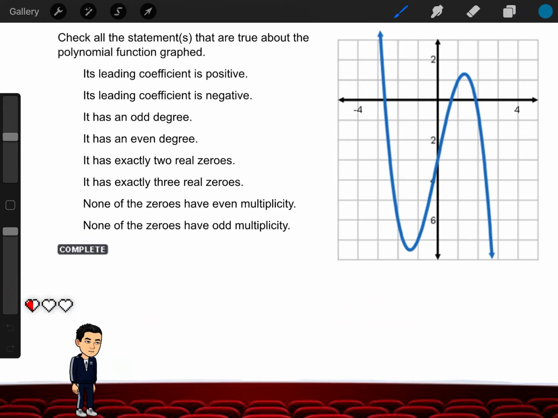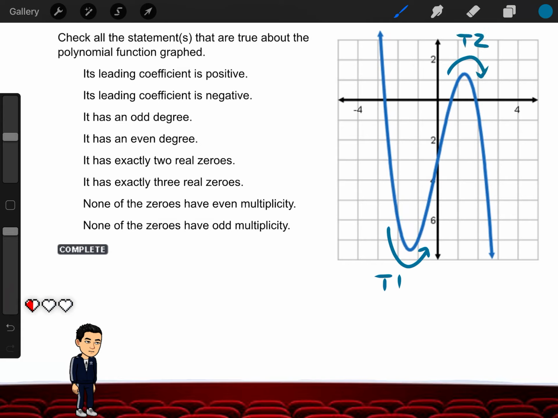Let's look at which ones are true about this polynomial function. First of all, you need to know that there is one turn, I call it T1, and there is another turn, I call it T2.